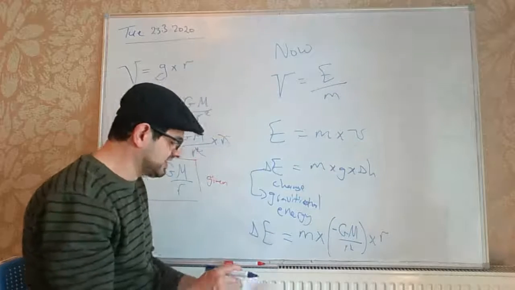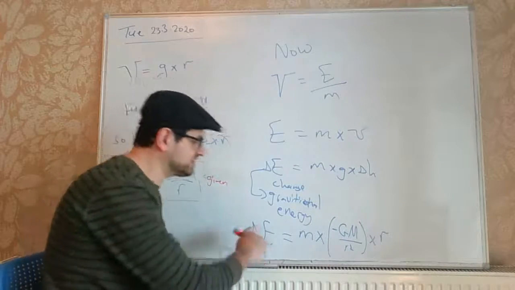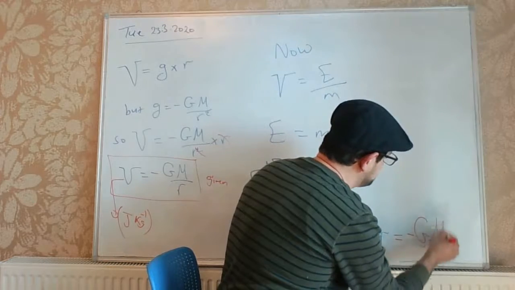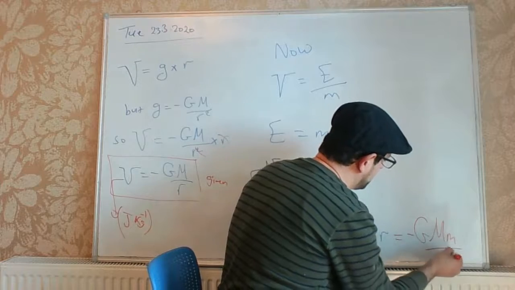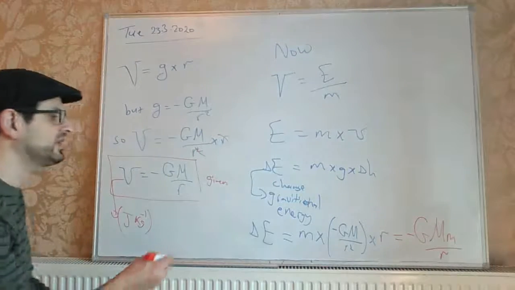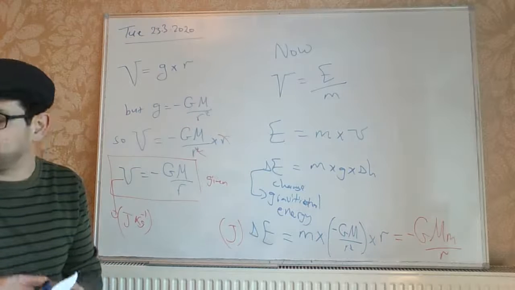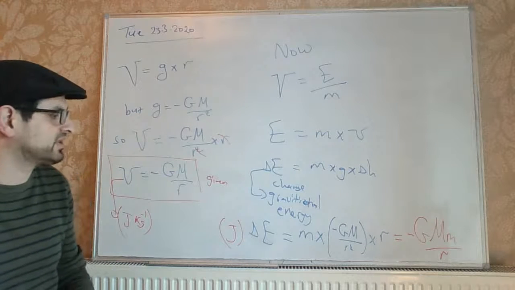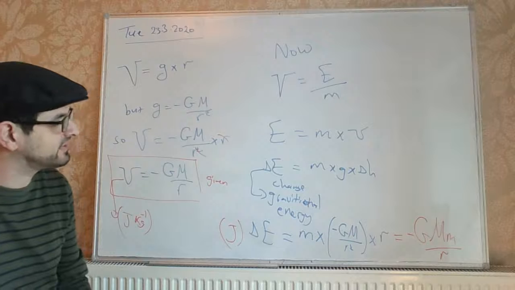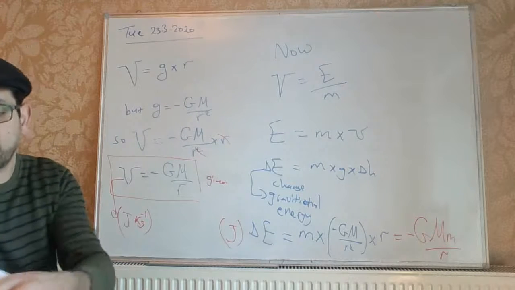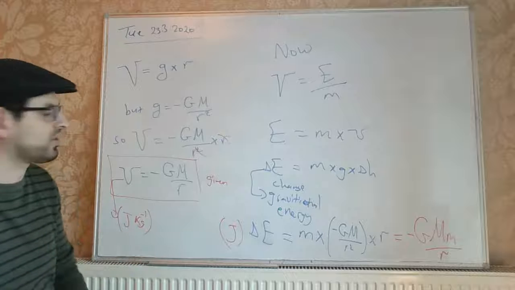So the gravitational potential energy is negative GMm over R. The unit is joules, of course. This is how we find the gravitational potential energy at a point. I know that it's complicated.